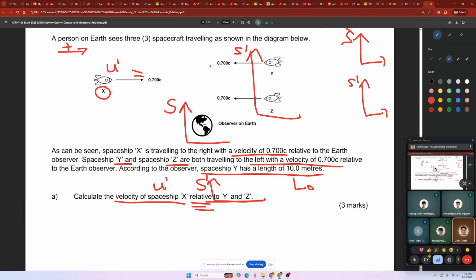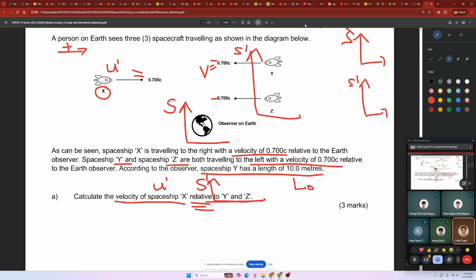We have these two values and they're exactly the same, and because this is the stationary frame of reference, we have chosen this because these velocities are based on the observer on Earth. So now this velocity of the moving frame of reference is exactly what it says. Now because we said to the right is positive, we have to make this negative.